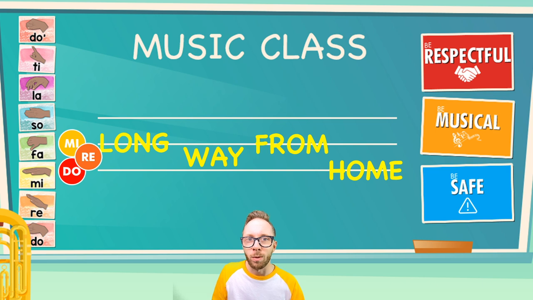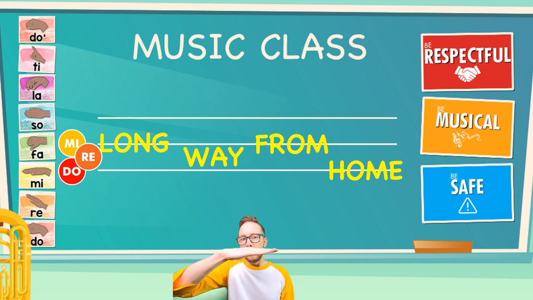Way kind of rhymes with re, so way is going to be sung as re today. So instead of singing long way from home, I want you to sing mi re mi do. If you're really good, you can do the hand signs too. Ready, here we sing: mi re mi do.